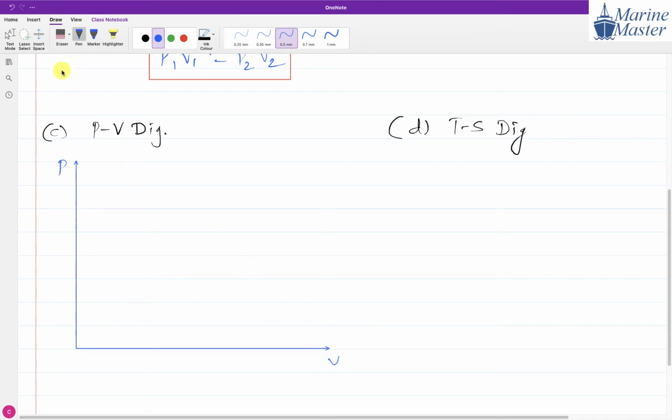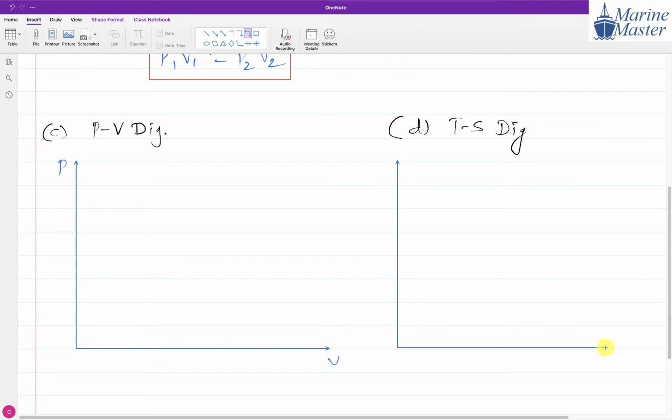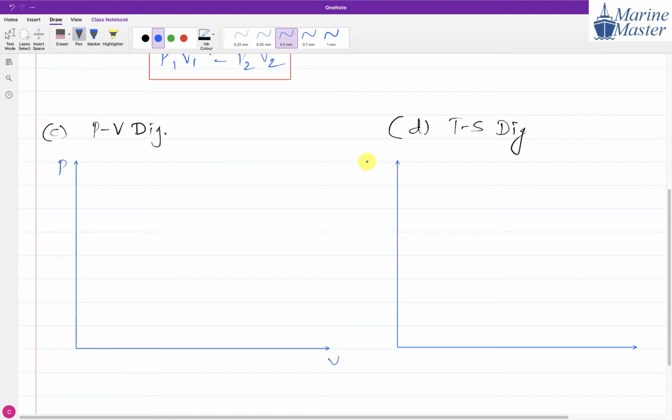What we have to do, and how we are going to approach the things further.